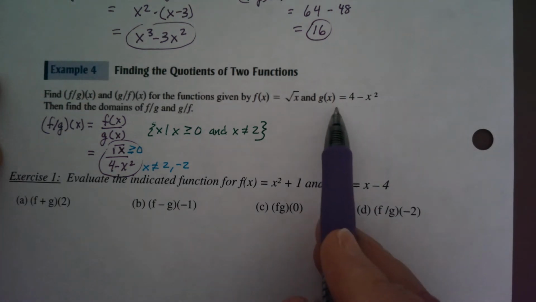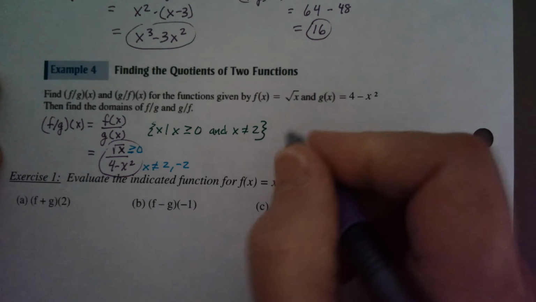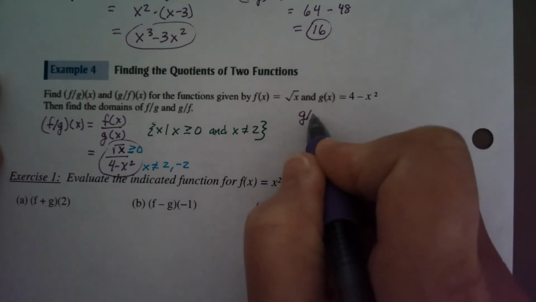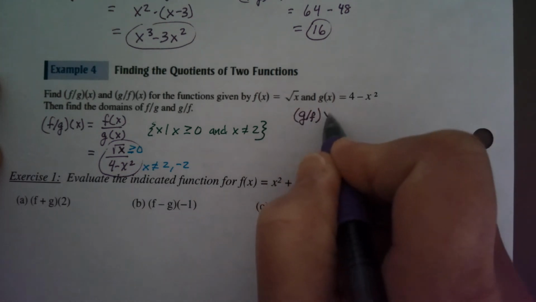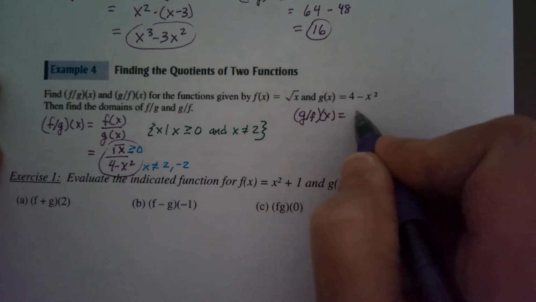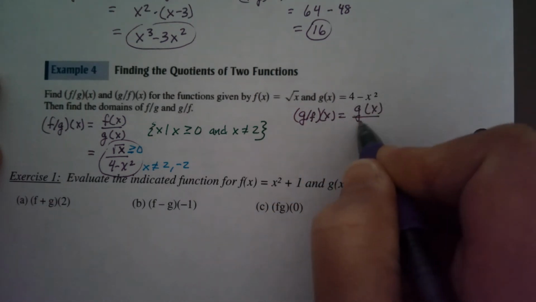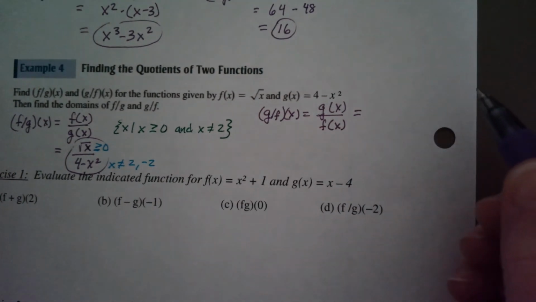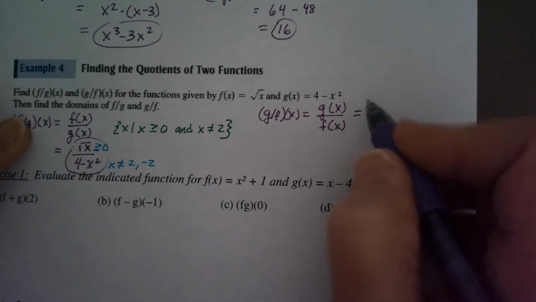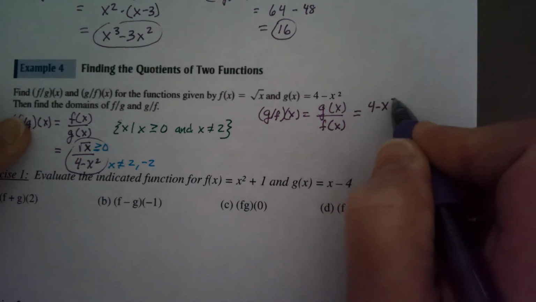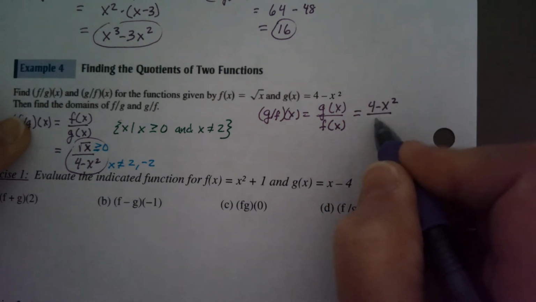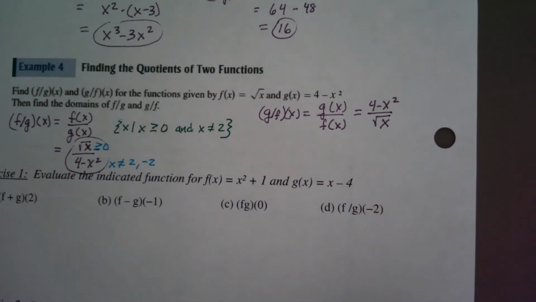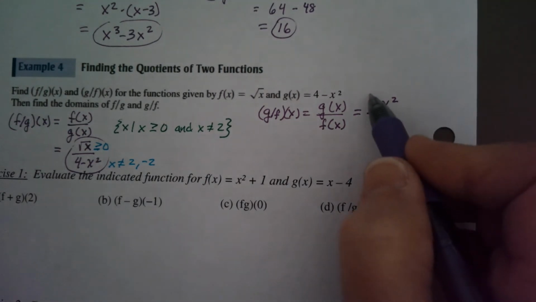Now, for g divided by f of x, that's equal to g of x divided by f of x, which would equal 4 minus x squared over the square root of x, which does not simplify.